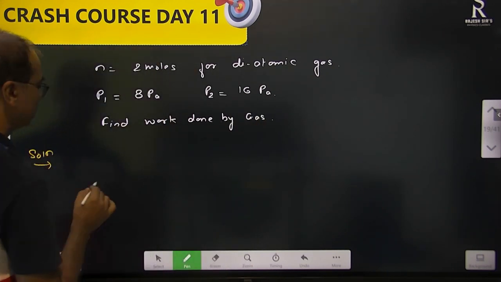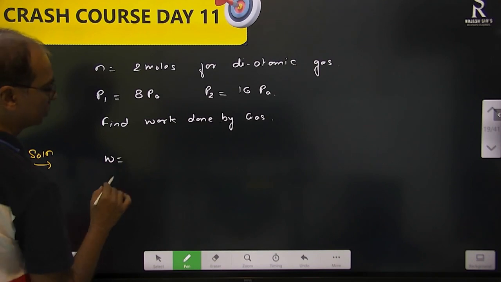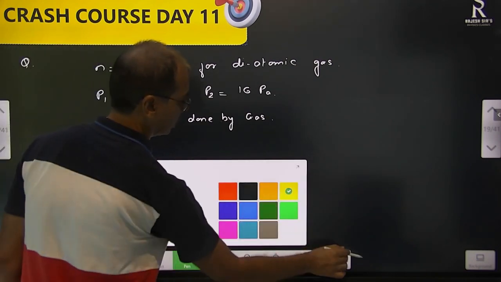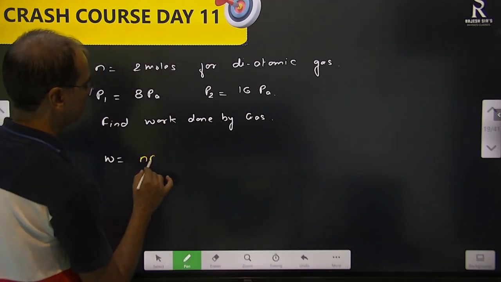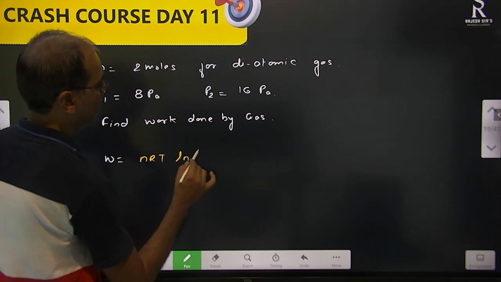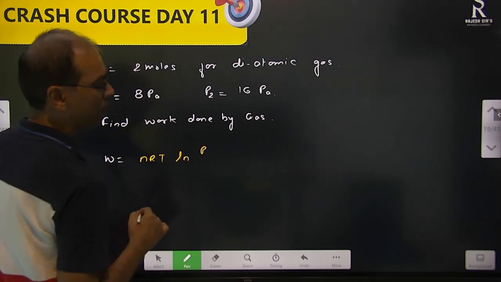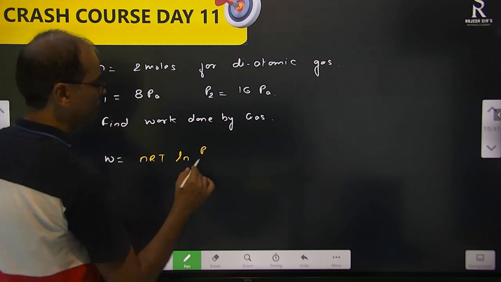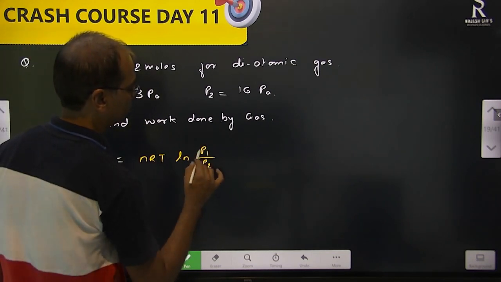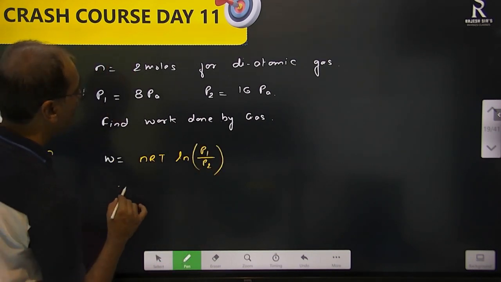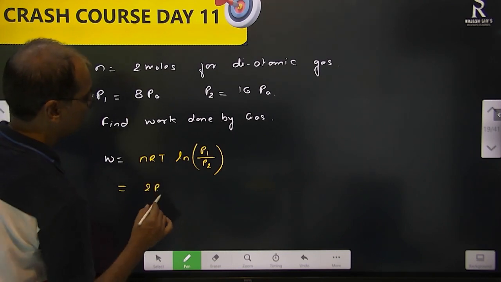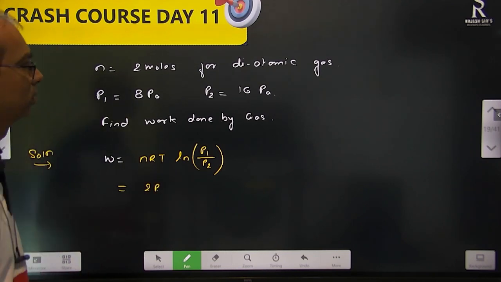Okay. So here work done is, what is the formula? nRT ln of P2 by P1 or P1 by P2? P1 by P2. So n is given 2, R is as it is. Temperature also I have to give.